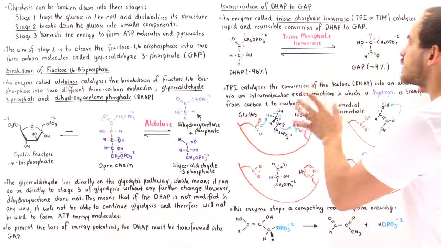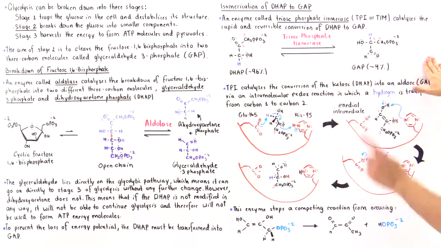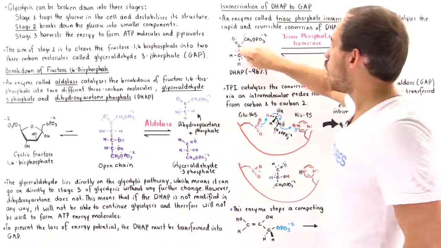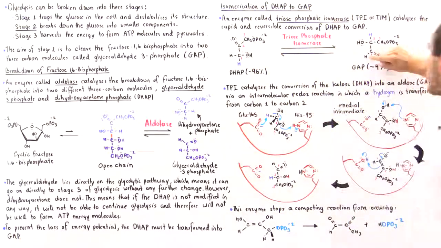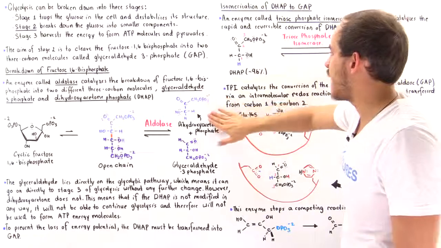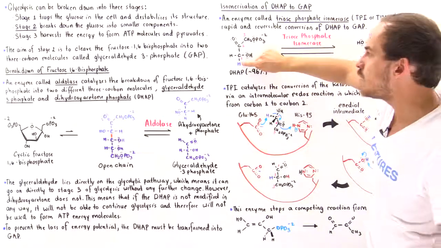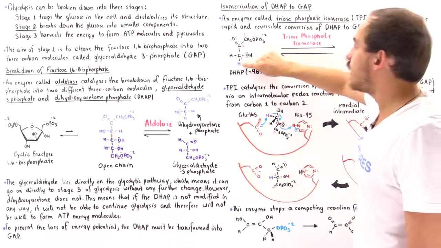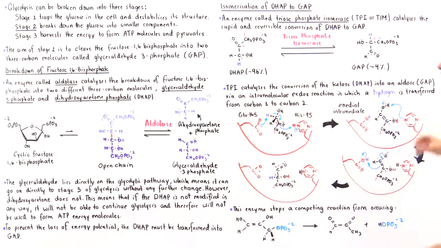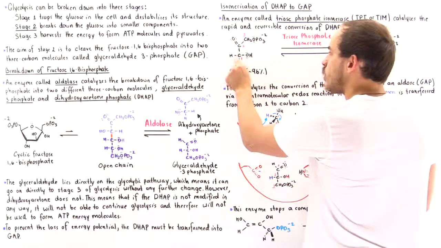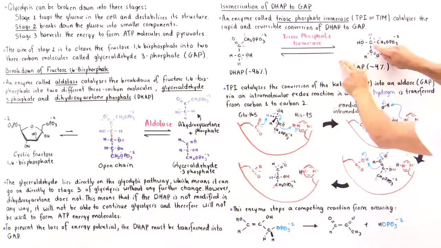Now, let's see exactly what triose phosphate isomerase does. So we have carbon 1, carbon 2, carbon 3, and carbon 1, carbon 2, carbon 3. Notice this is the same molecule as we have in this particular case. I've labeled this hydrogen as the blue hydrogen, because in this reaction the net change is the transfer of the H from carbon 1 onto carbon 2.